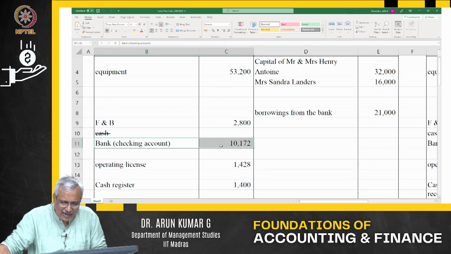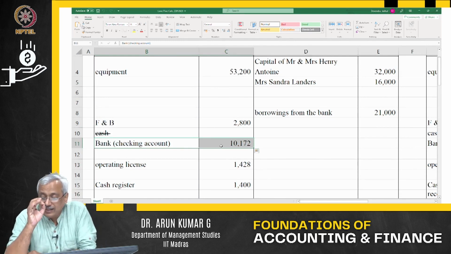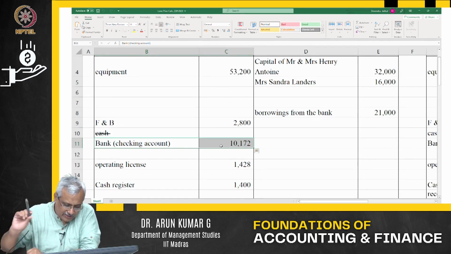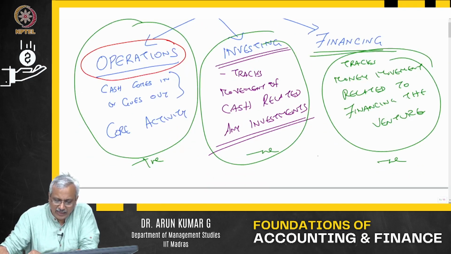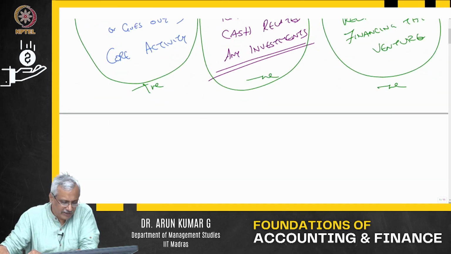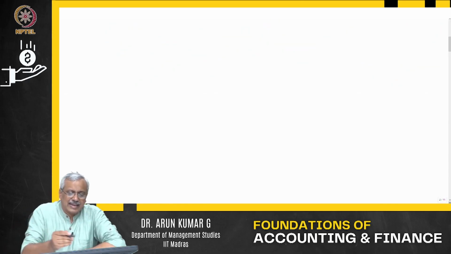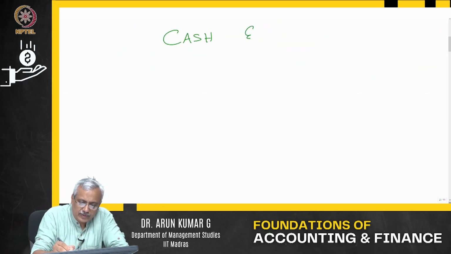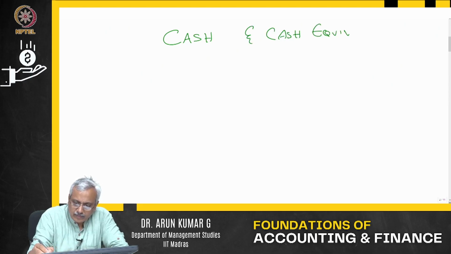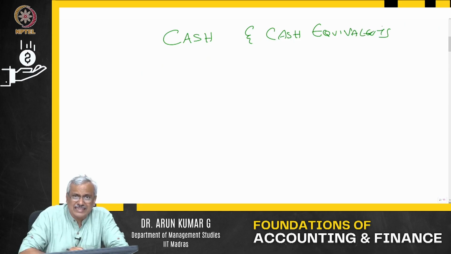When I say cash, one more thing I need to stress is that we normally say cash and cash equivalents. What do we mean by cash and cash equivalents?